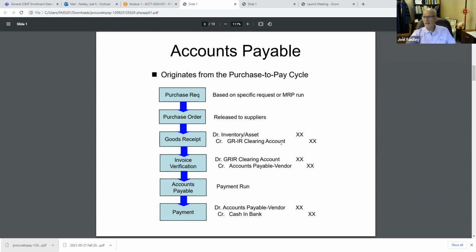You're putting this into a liability account there, GRIR, that's a liability. All right. Then when the invoice comes in, you're going to clear out the clearing account, right? Debit that to zero, and then it goes to whoever the specific accounts payable vendor is, who you bought it from. All right, but the obligation occurs there.